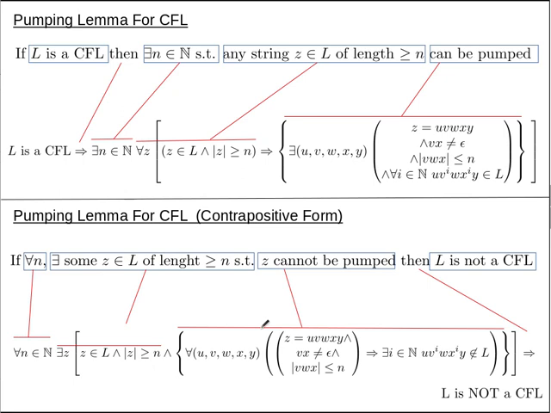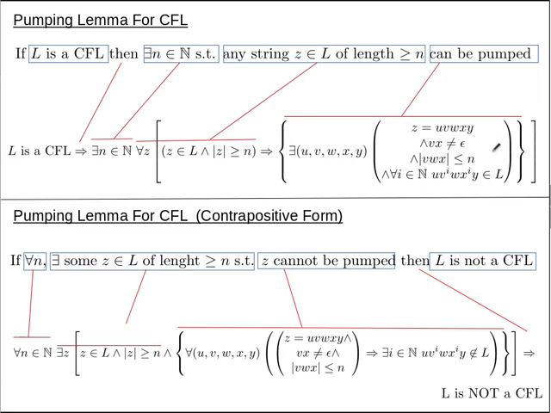So if we formally write it down, what is the pumping lemma for CFL? If L is a CFL, then there exists an N which only depends on L, such that any string in L of length greater than or equal to N can be pumped. So if L is CFL, there exists N such that for all strings z in L with length of z at least N, this part will happen.